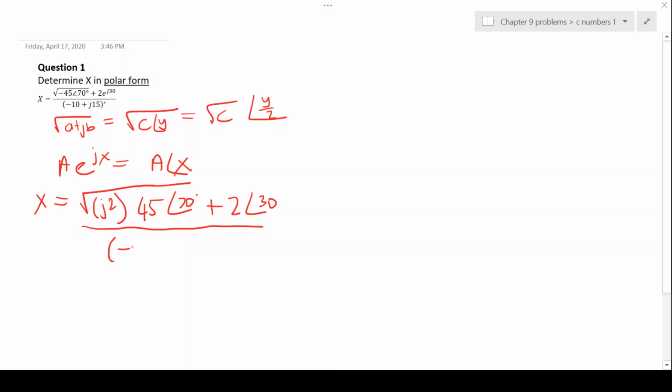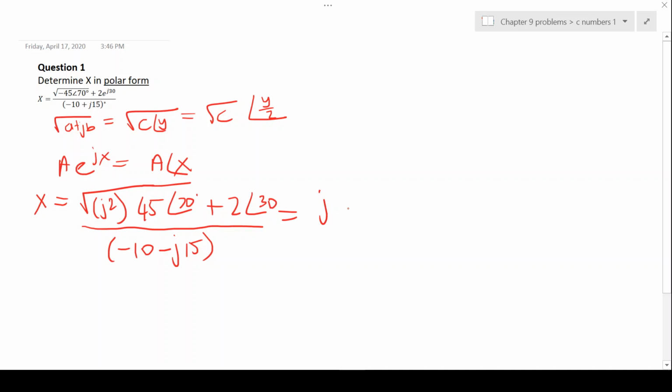We know the conjugate is the reflection above the real axis, which means the imaginary value will then be negated. So it will be minus 10 minus j15. Right. Now, what's the root of j squared?